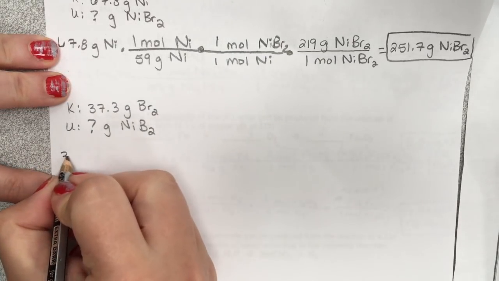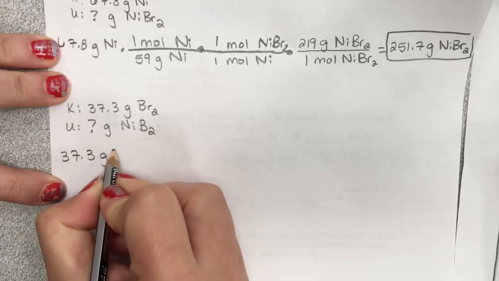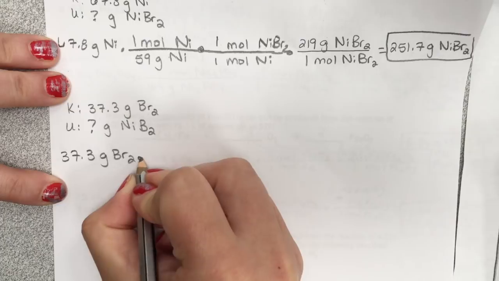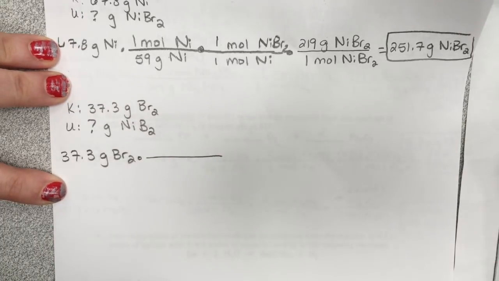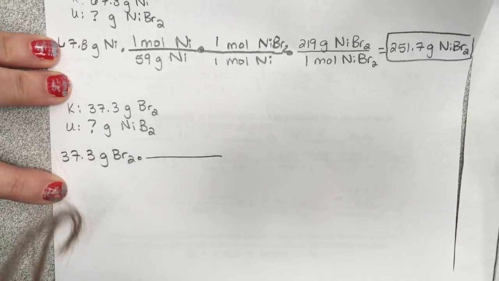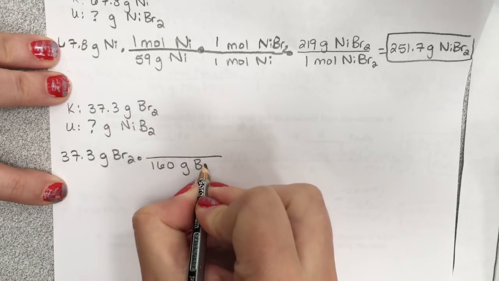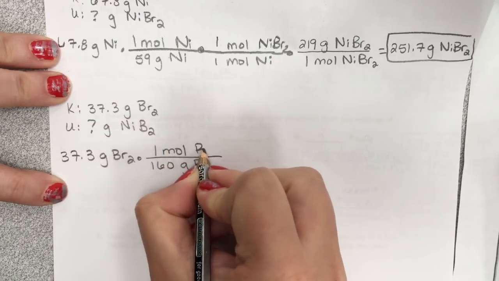We have 37.3 grams of bromine. We need to cancel out the grams of bromine. Bromine weighs 80, so 80 plus 80 is 160, so 160 grams of bromine over 1 mole of bromine. This is how we convert to moles.